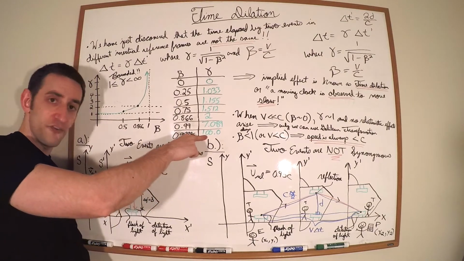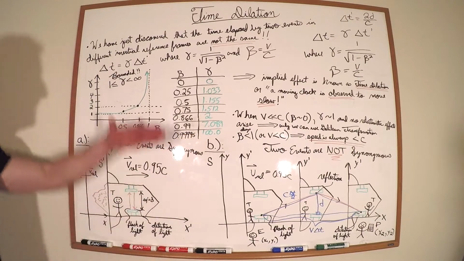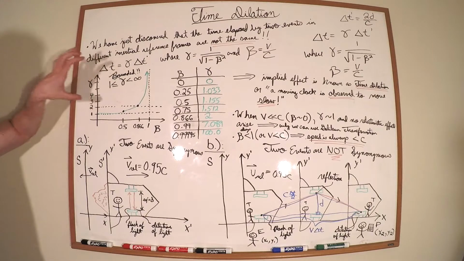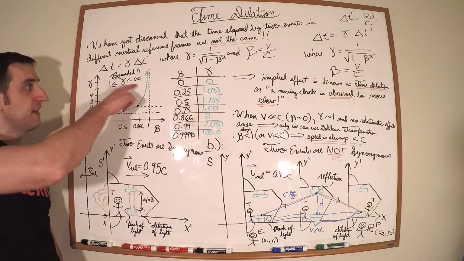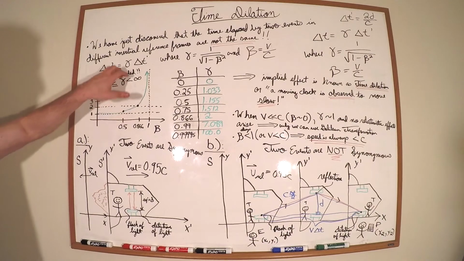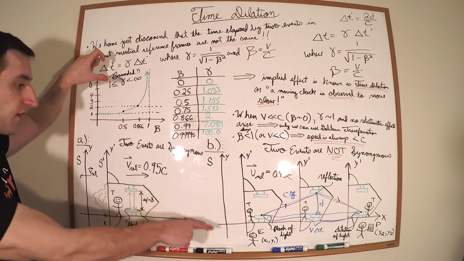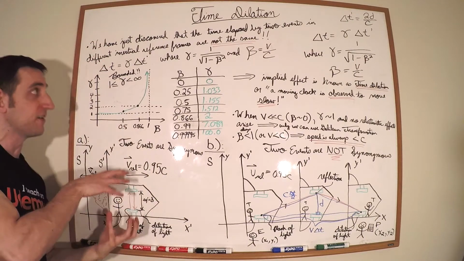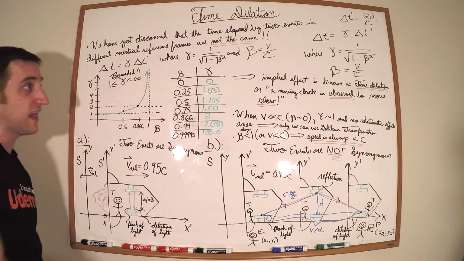So in this table, we're finding that the Lorentz factor is bounded between 1 and infinity, and it's always a positive value. So the time observed on Earth is always larger than the time observed in the moving reference frame. That's what this equation is telling us, right?